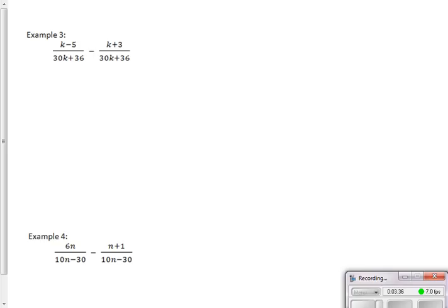Same process with subtraction. So again, we see that we have the common denominator here. So we have our common denominator, and this is 30k plus 36. And here's where some confusion sometimes comes into play. Really what you have is k minus 5, and you are subtracting by k plus 3.